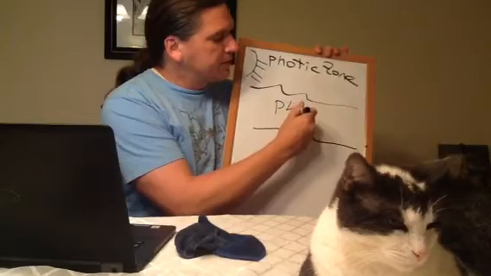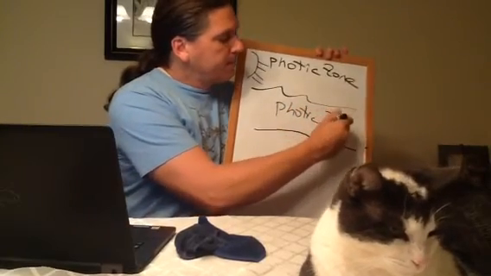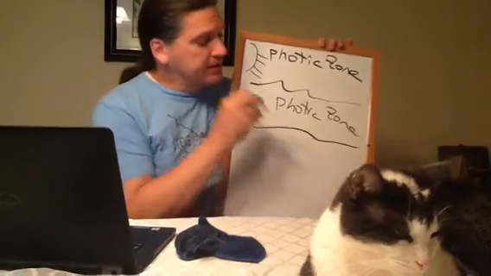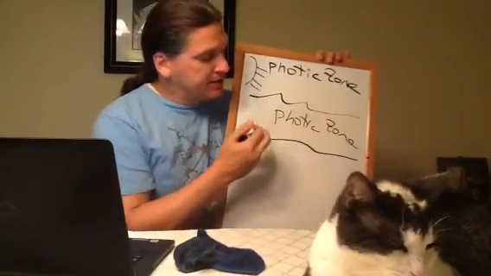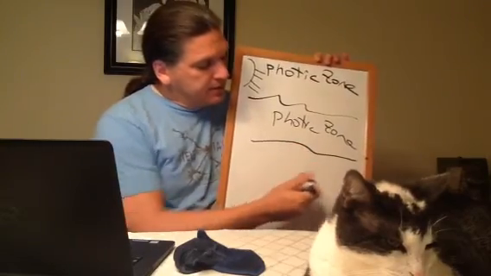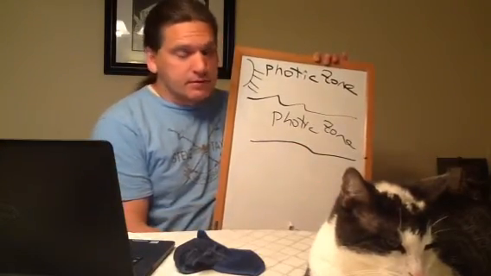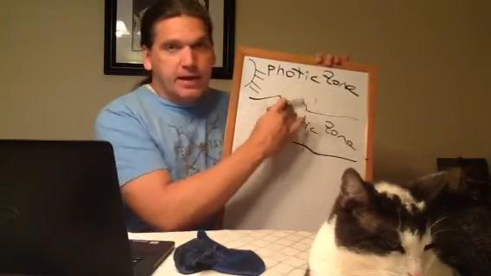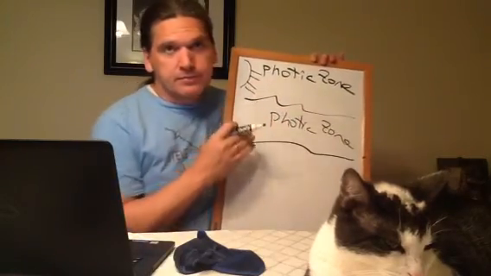This would be the photic zone. A certain area, depending on turbidity, all kind of different areas of how far light will go down. Down here is darkness. So the photic zone is just from the surface all the way down that light's able to penetrate is the photic zone.